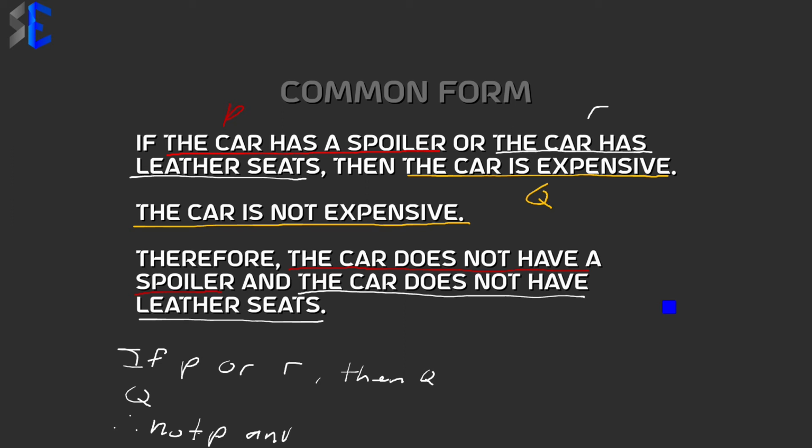I just realized you can't see my pointer, but here's a pointer. You say that the car is expensive, or sorry, the car has leather seats. So the car does, but the car does not have leather seats down here. So again, what you do is you just say not, and then the variable, which in this case is R. So that's basically how you do this.